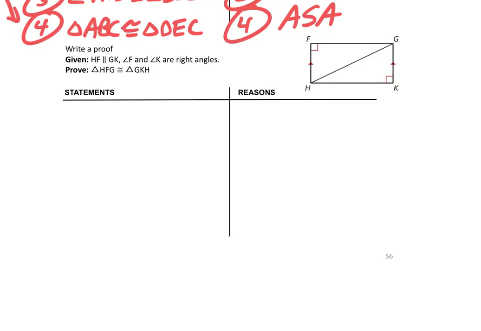Because these are my two parallel lines, I have to do an angle that is formed between those two. So I would do this angle here and this angle here. I would call this one angle AGH, and I would call this one FHG. So I would say those two are alternate.